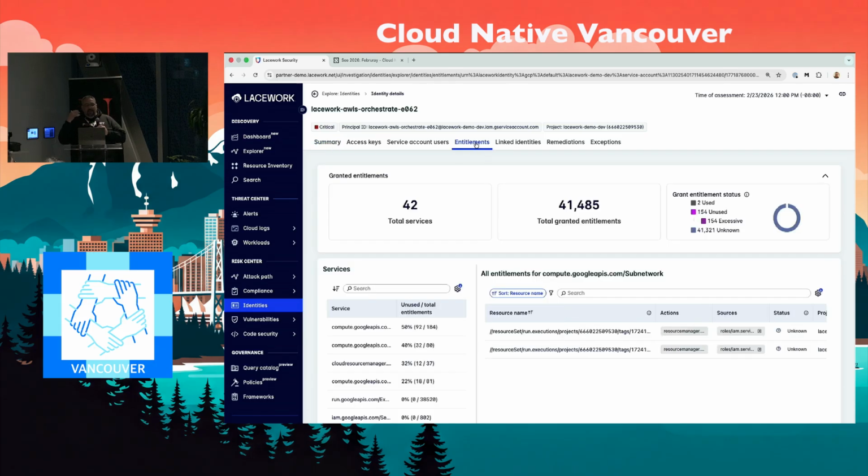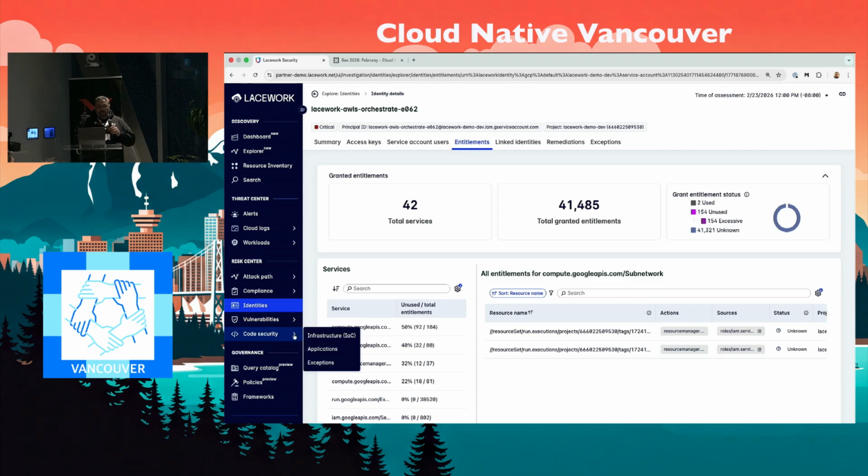Entitlements basically are the permissions that you give to a specific identity. So I granted this identity 41,485 entitlements, permissions to do stuff in cloud, and actually I'm using 2. So it's a little over permissive there, right? So do I really need 4,100 entitlements? So it gives you all this visibility.